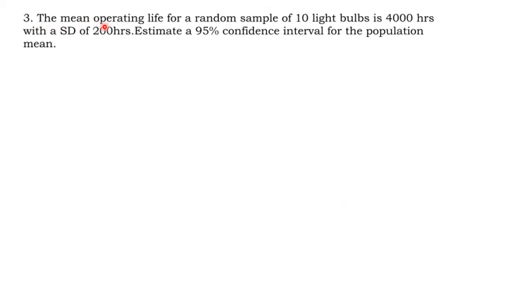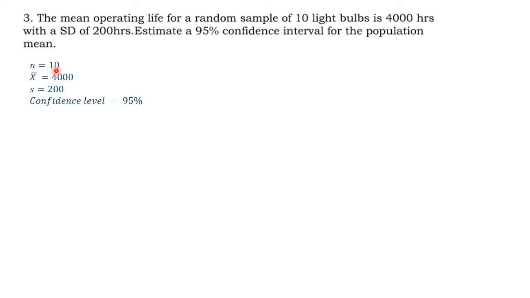Number 3, the mean operating life for a random sample of 10 light bulbs is 4000 hours with the SD of 200 hours. Estimate a 95% confidence interval for the population mean. So we have n is equal to 10, x bar is equal to 4000, s is equal to 200, and confidence level is equal to 95%.